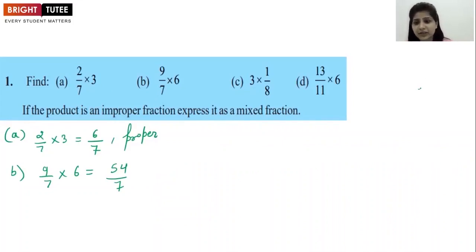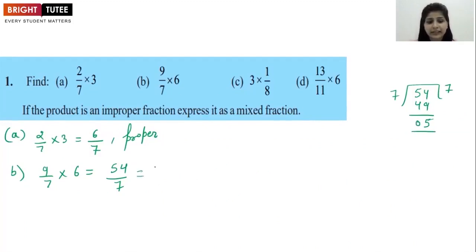So let us try to divide 54 by 7. 7 sevens are 49. We can subtract it now. Now 54 minus 49, what does it give you? 5. Correct. So we are left with 5 as the remainder. So what will be there here? 7 is the quotient, remainder is 5 and 7 is the denominator.